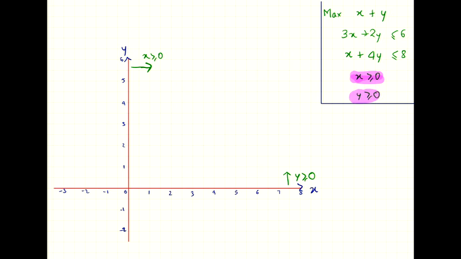So let's look at the first non-trivial constraint: 3x plus 2y less than 6. What does this look like? Well, let's look at 3x plus 2y equal to 6. This gives you a line on the plane. So I'm going to draw that line.